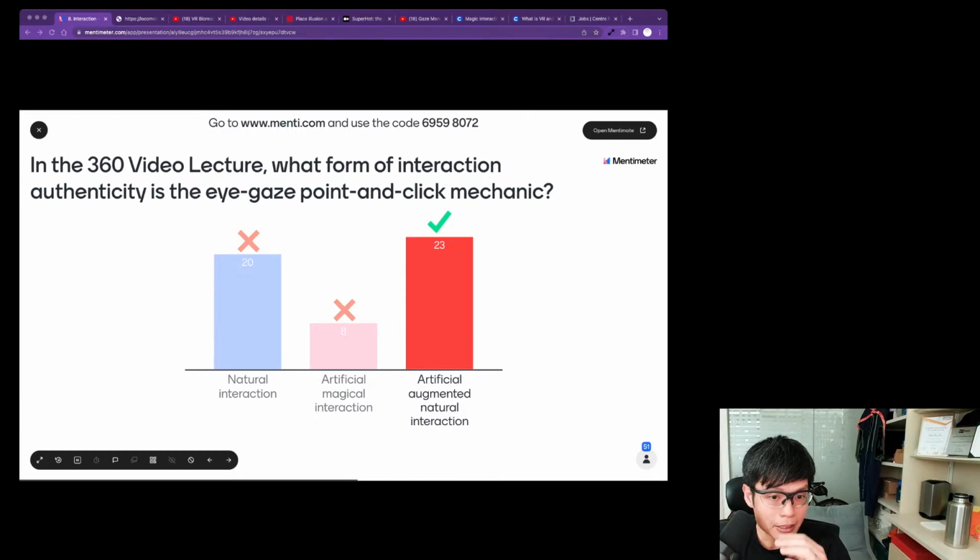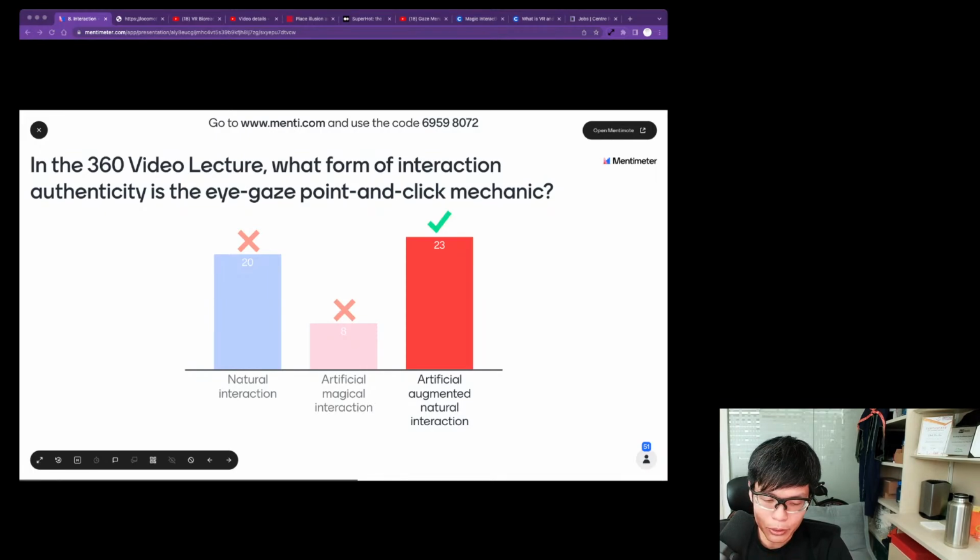Remember, authenticity means you are deciding whether you want the intended outcome to be the same as real life, or you want to be creating something that is impossible in real life, or you want to augment something that is possible in real life but making it more powerful, which is the third option, the correct option over here.